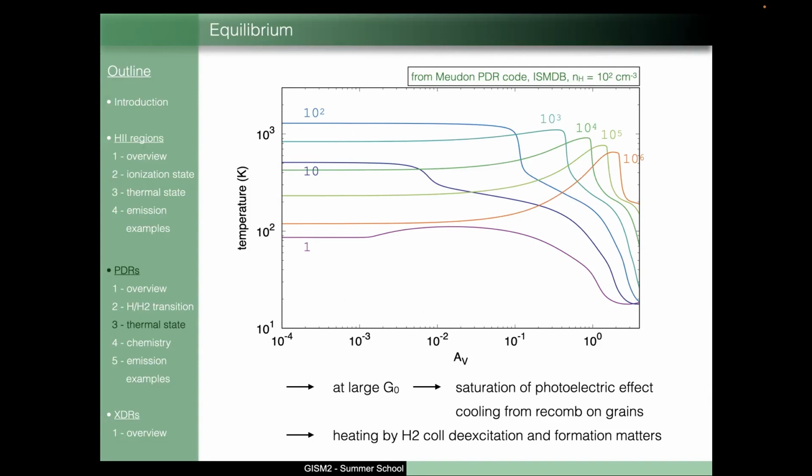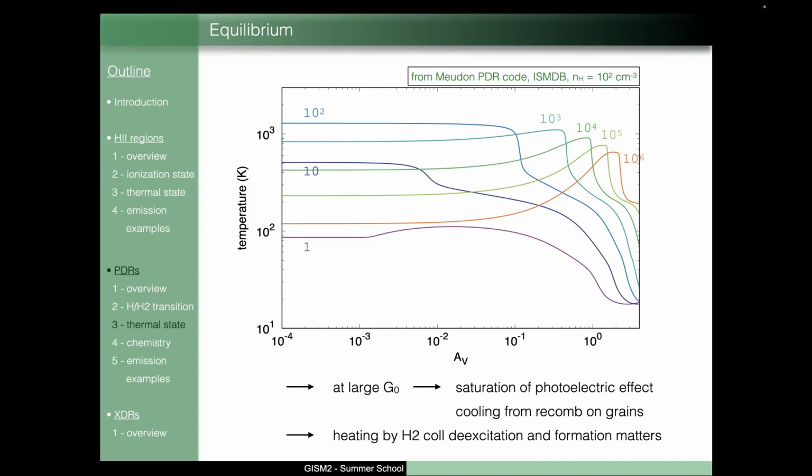So what you see in this figure is that there are many different effects that play in this temperature profile. But the first thing that we can say is that at small G0 value, when G0 is small enough, the temperature increases when you increase G0. This is a behavior that is completely different from, let's say, an H II region. In an H II region, we have seen that the heating rate doesn't depend on the intensity of the radiation field. In a PDR, this is not the case.